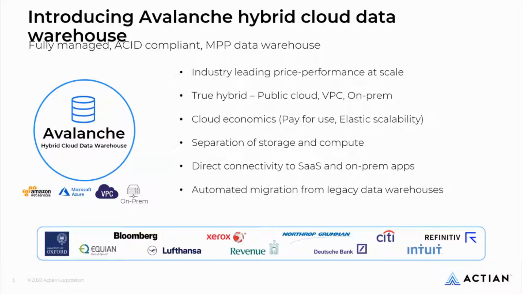Here are some of the benefits we have when it comes to Avalanche. You can deploy to any cloud, AWS or Azure, or your private cloud as well, or on-premise, or you can choose a hybrid solution. Avalanche is a fully compliant, ACID compliant, SQL standard technology.